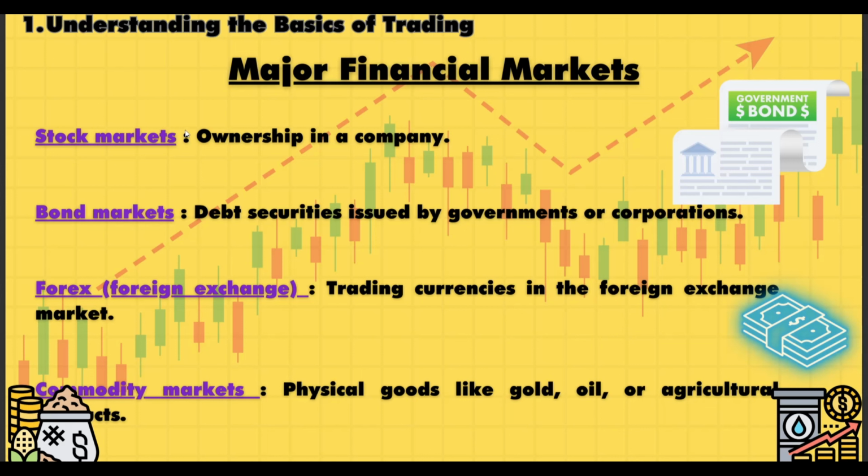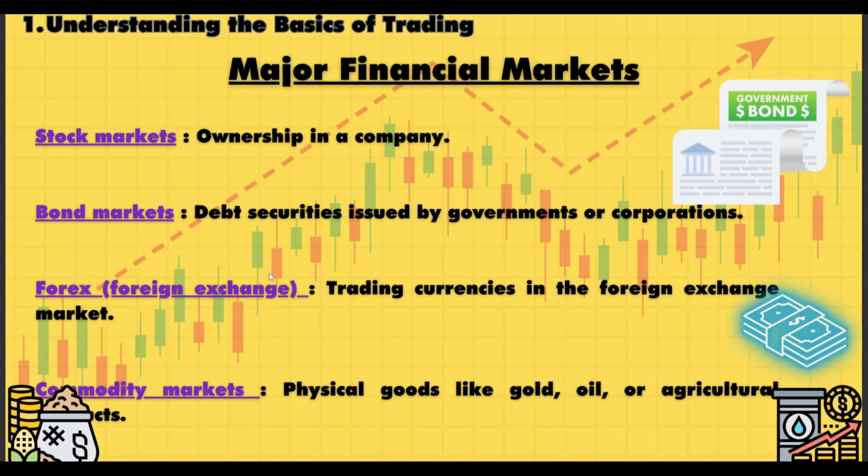Okay, so secondly we have bond markets. So basically bond markets are debts or securities issued by governments or corporations. In bond markets, you can invest in debts or securities, like we have 10-year government yields, so you can invest in that. Okay, so bond market is basically for investing.